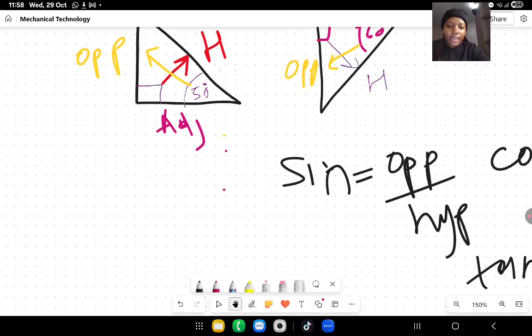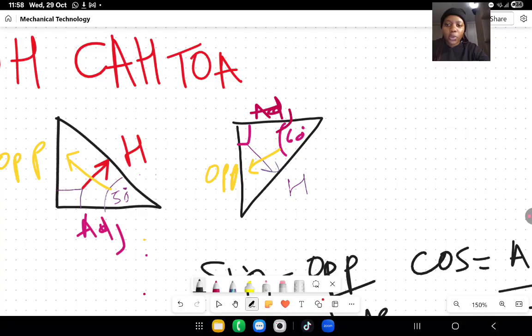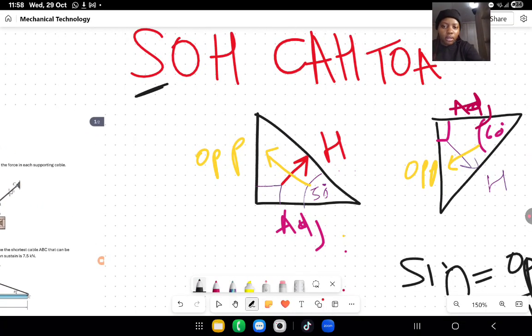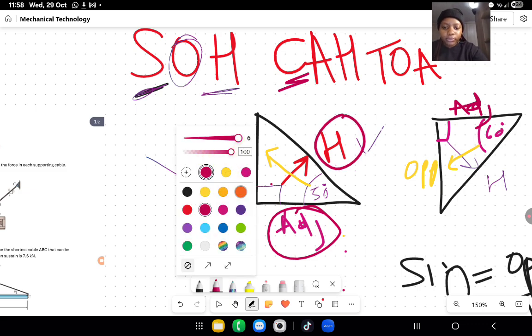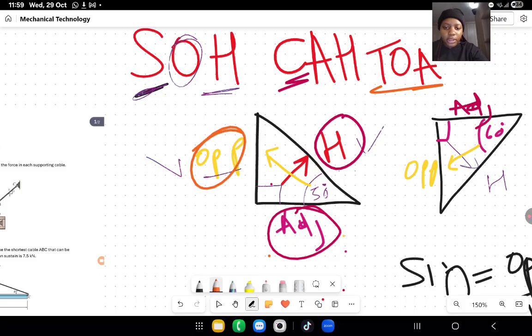You can see that I've put them according to how they are here. Sine is your opposite over what? Over hypotenuse. Then cos, it's your adjacent over what? Over hypotenuse. Then your tan, it's your opposite over what?